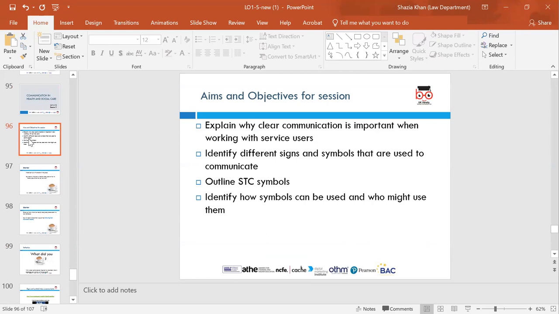We're going to look at identifying different signs and symbols that are used to communicate, outline symbols, and identify how symbols can be used and who might use them.